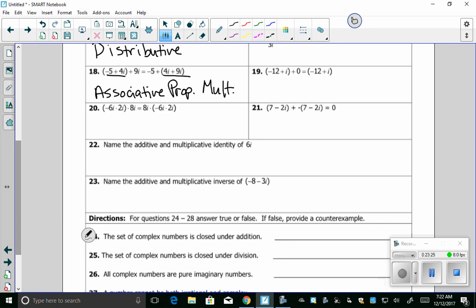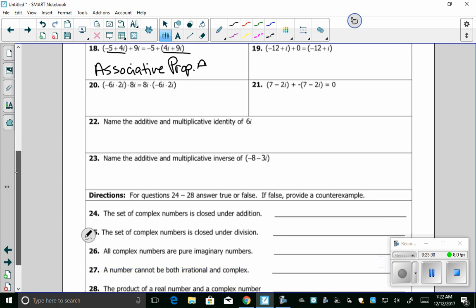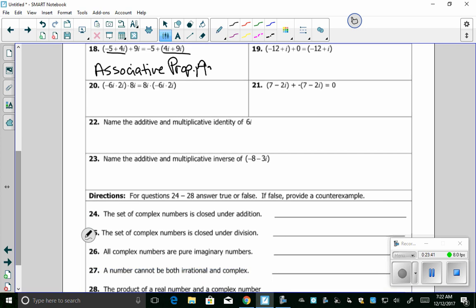I'm sorry, not multiplication, because we're not multiplying, we're adding. So the associative property of addition.